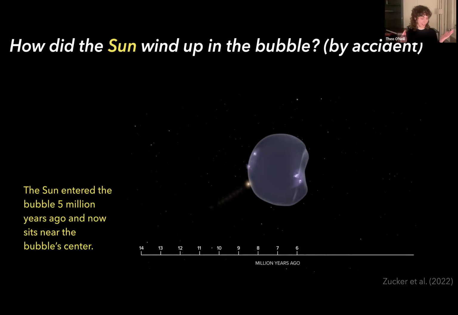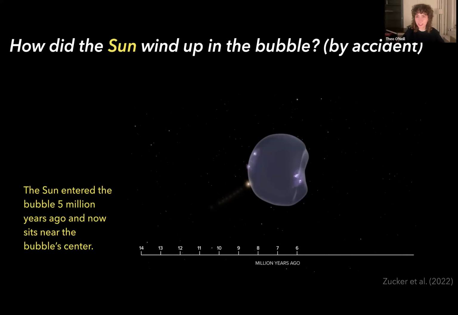This is one of my favorite questions. So no, I don't think it's dangerous at all. But what is interesting is the effects of passing through a bubble shell on a solar system are not zero.